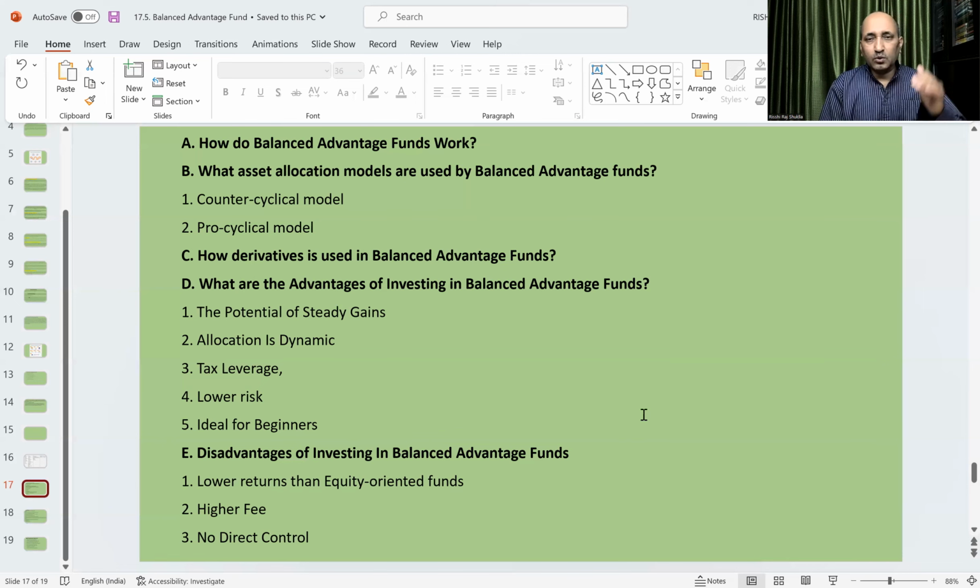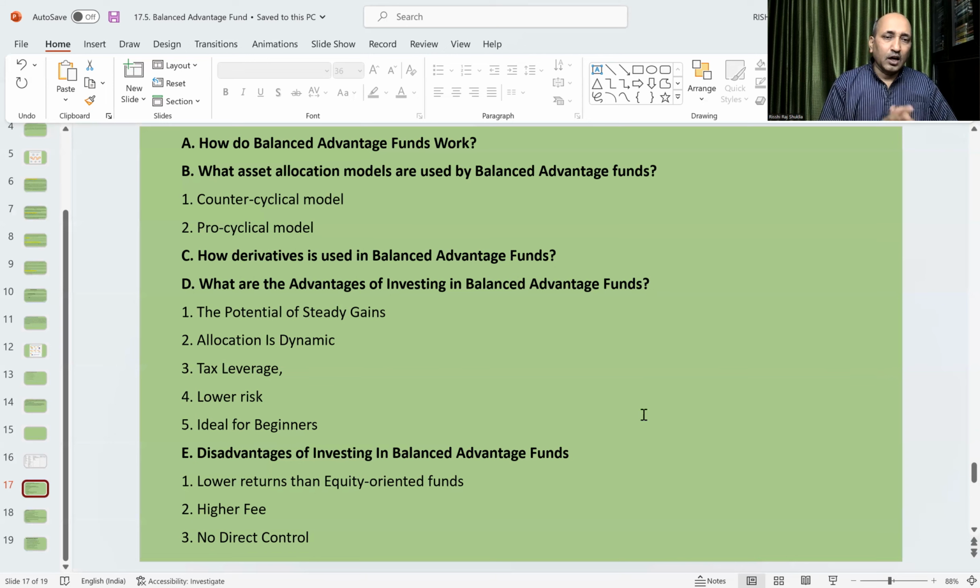Whenever the market starts to fall, equity allocation is reduced and debt allocation is increased. So this is the pro-cyclical model. Different fund managers and different AMCs adopt different sets of asset allocation, either counter-cyclical or pro-cyclical, depending on the fund house, fund manager to fund manager.